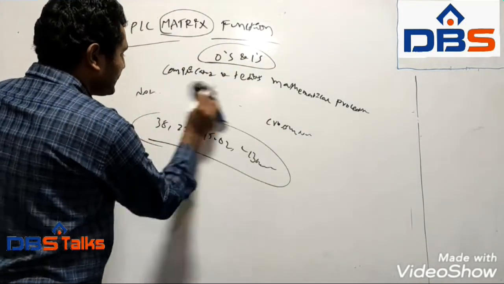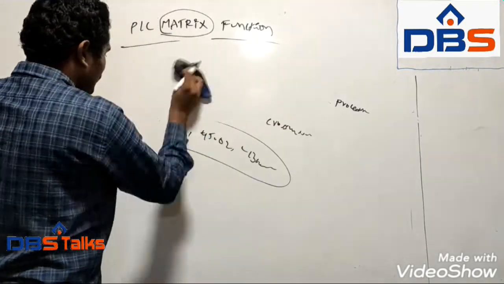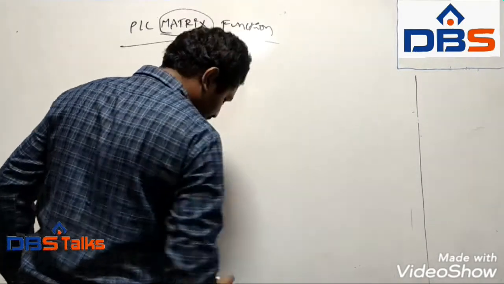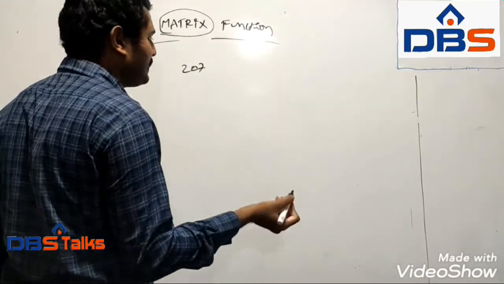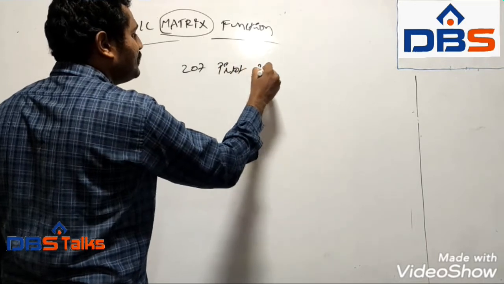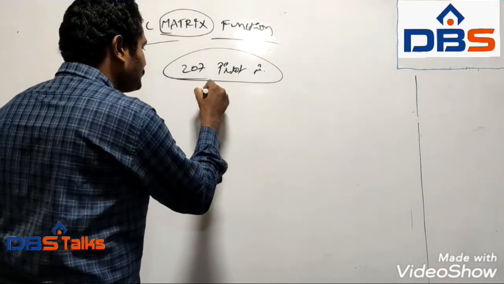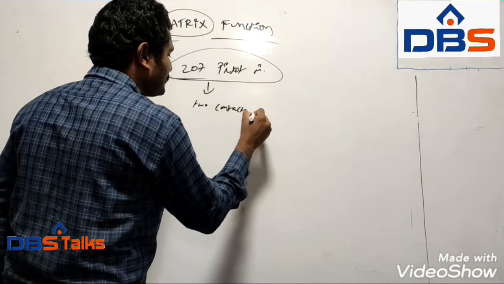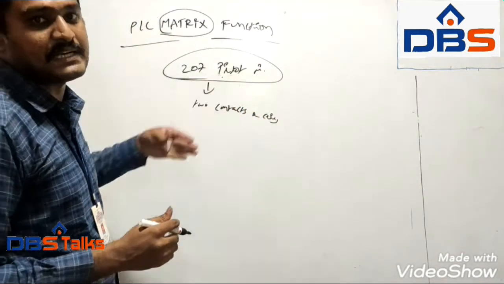In conventional PLC functions, if you want to control 207 pilot lights, you have to use 207 contacts and coils in the conventional PLC relay system.